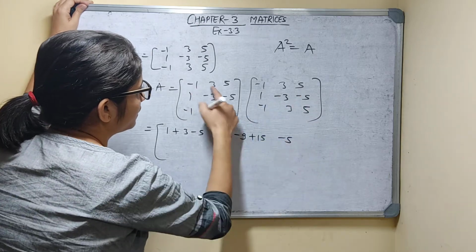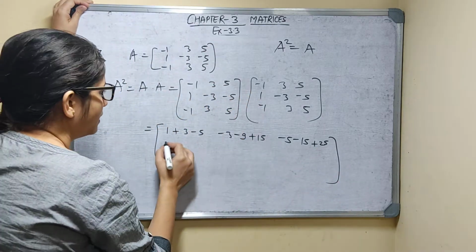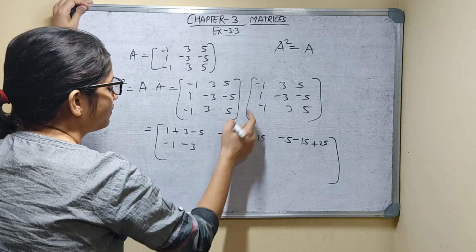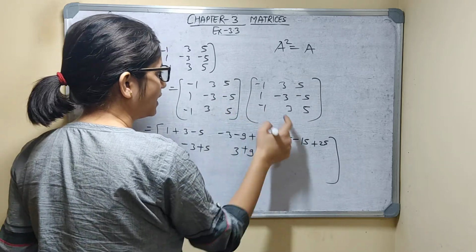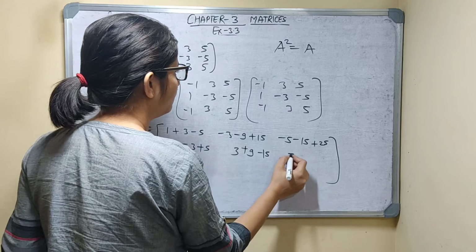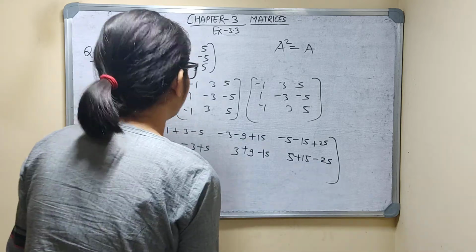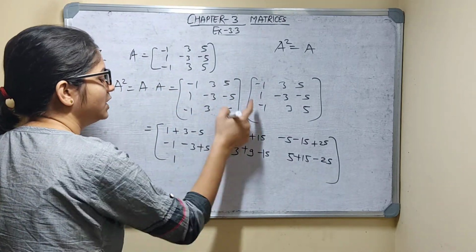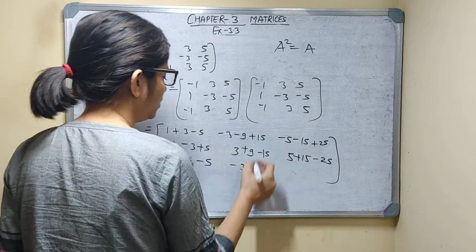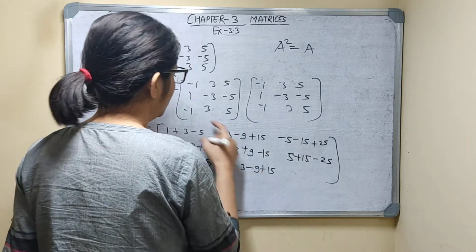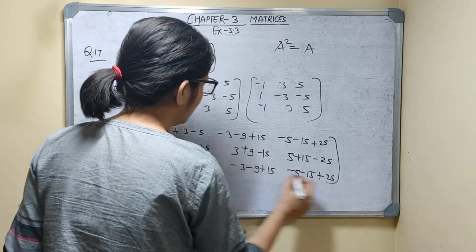Minus 1 into 5 minus 5, plus 3 into minus 5 minus 15, plus 5 into 5 plus 25. And similarly for the other rows.